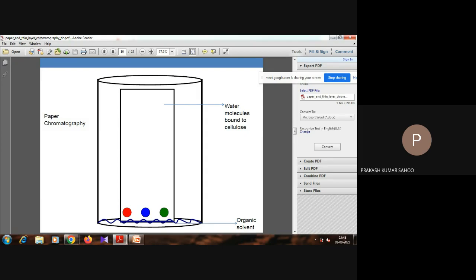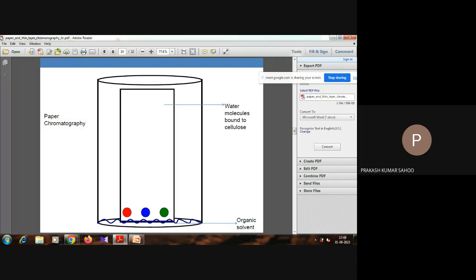Paper chromatography was considered simply a form of liquid-liquid partition, or it is solid-liquid chromatography. The hydrophilic fiber of the paper can hold water in a humid atmosphere, such that a large percentage of water may be held in filter paper, as the water molecules are already bound to the cellulose paper.